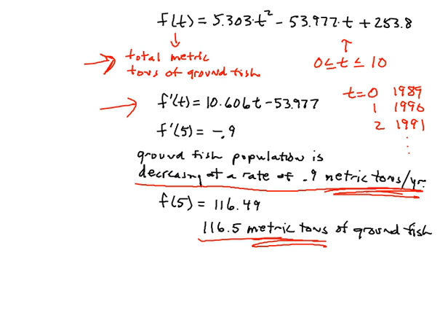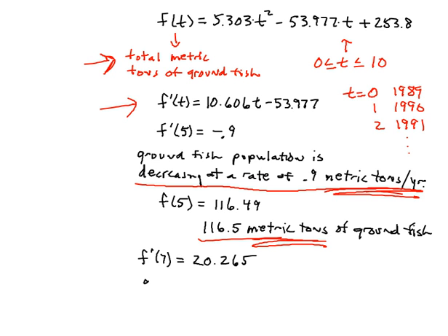at that point. Now, another question is what's going on in 1996, and finding the derivative for 1996, that would correspond to t equal to 7. Again, that's a rate question, so I'm using the derivative function for that and evaluating the derivative at t equal to 7. I get 20.265. So what's happening here?